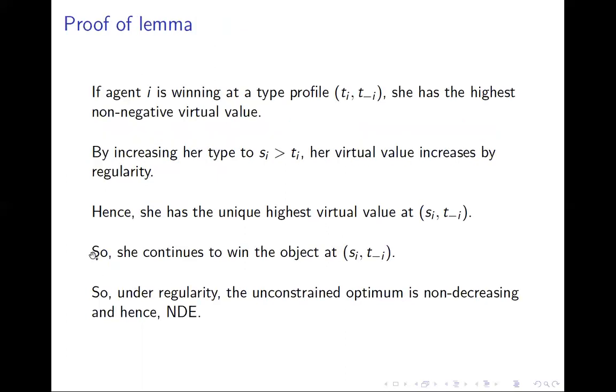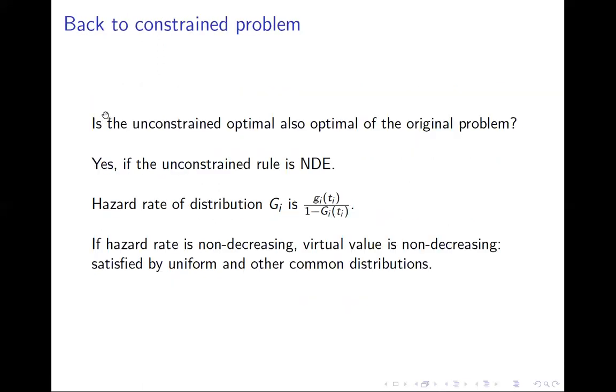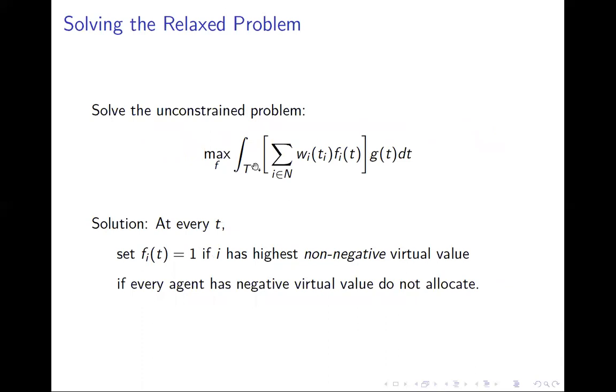So here is the proof. Take agent i, and remember the unconstrained optimal allocation is deterministic. So agent i either wins with probability 1 or does not win, and she wins if she has the highest non-negative virtual value.